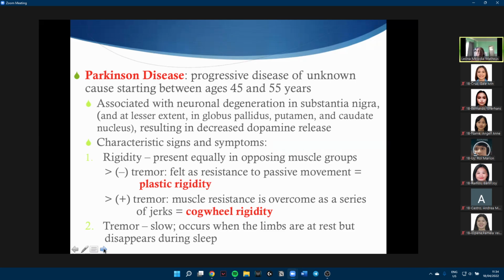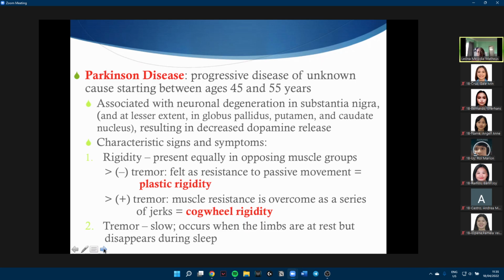Your globus pallidus, in other words, your corpus striatum, no? Globus pallidus, putamen, and caudate nucleus. And the overall effect is this time a decrease in dopamine release. So what are the signs and symptoms?